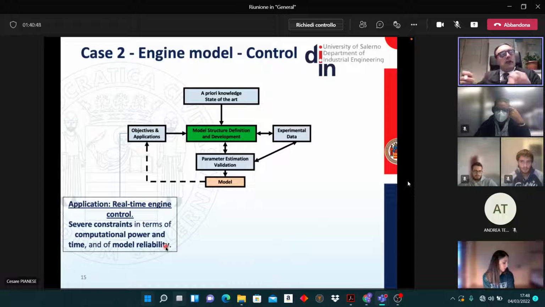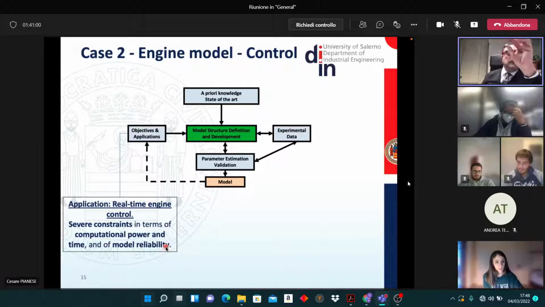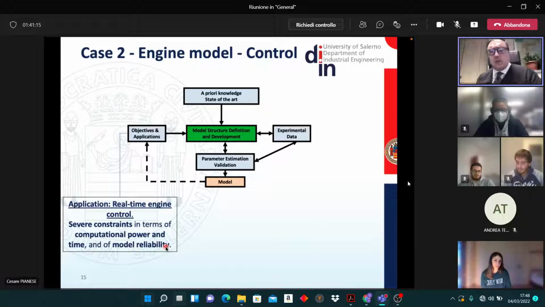Because if you are driving the car and your model-based control is not able to say, okay, instead of injecting one quantity, let's inject less fuel, and then you accelerate in order to overtake a car, and instead of accelerating you are slowing down with respect to what you expect, because there was a wrong computation, an error or whatever, your model is not reliable at all, because it does not provide the output needed by the control system.